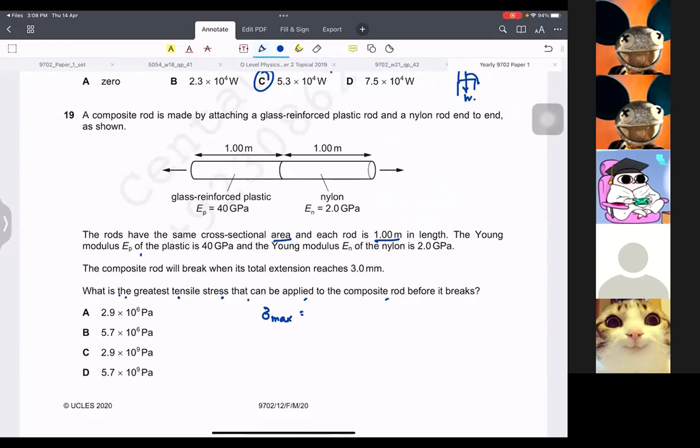That would be basically the stress on plastic plus the stress on nylon. If we apply this and they reach the maximum stress of their own, it is going to break, right? So let's focus on that right now. So we want to find this, and the maximum stress is the force per unit area.